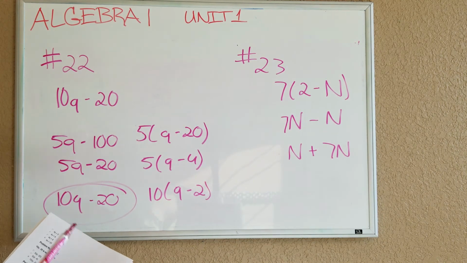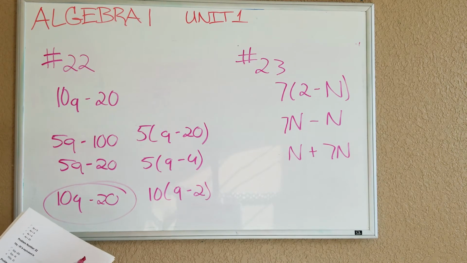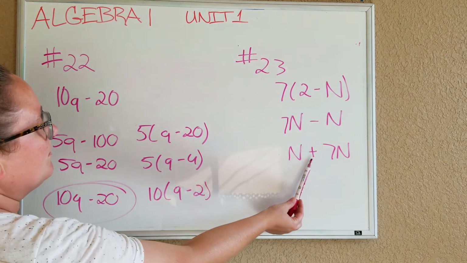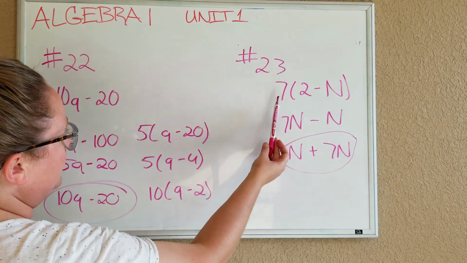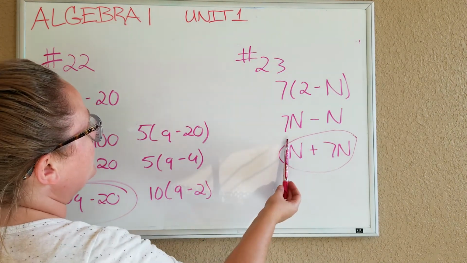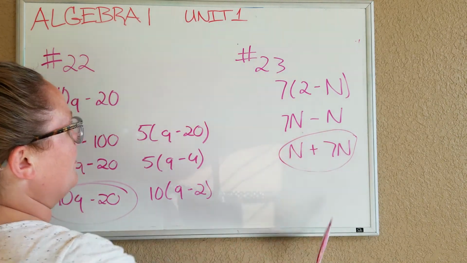So the sum of a number plus, so the sum means plus, and 7 times that same number. So you have a number plus 7 times the same number. This is your best choice. This one would read 7 times the difference of 2 and a number. And this one would read the difference of 7 times a number and that same number.